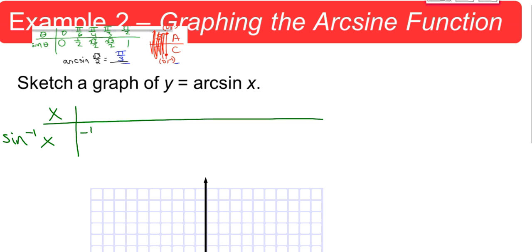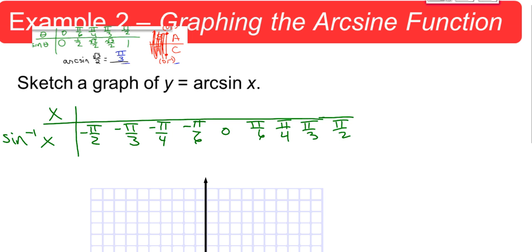We're going to go from negative pi over 2, working backwards there: negative pi over 3, negative pi over 4, negative pi over 6, then 0, and then back the other way: pi over 6, pi over 4, pi over 3, and pi over 2. That gives me quite a few angles to plot, and my y values are going to be my angles as I go.